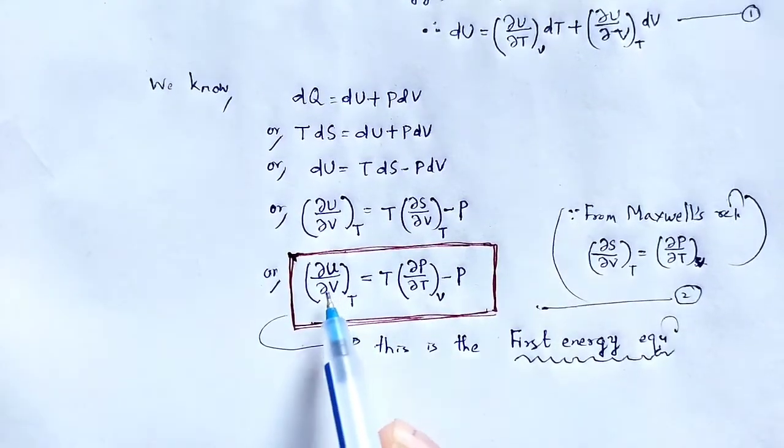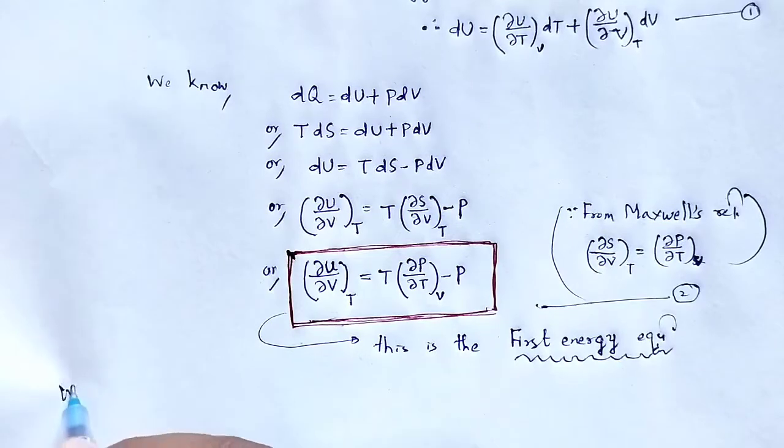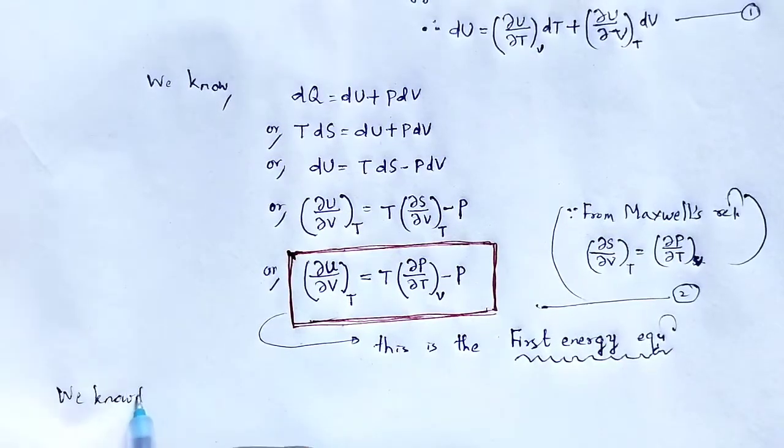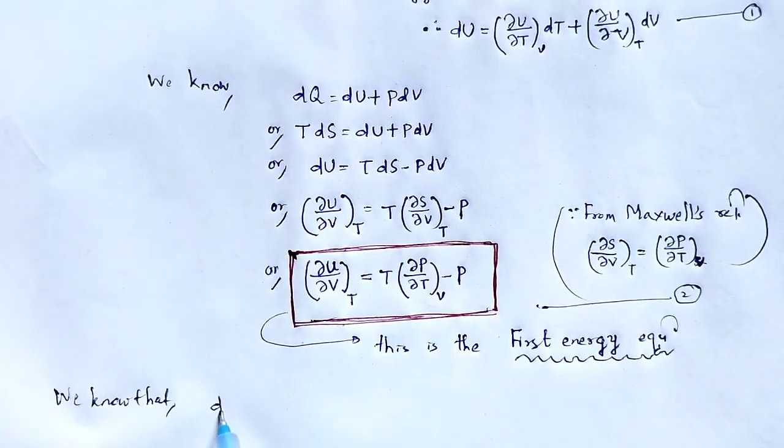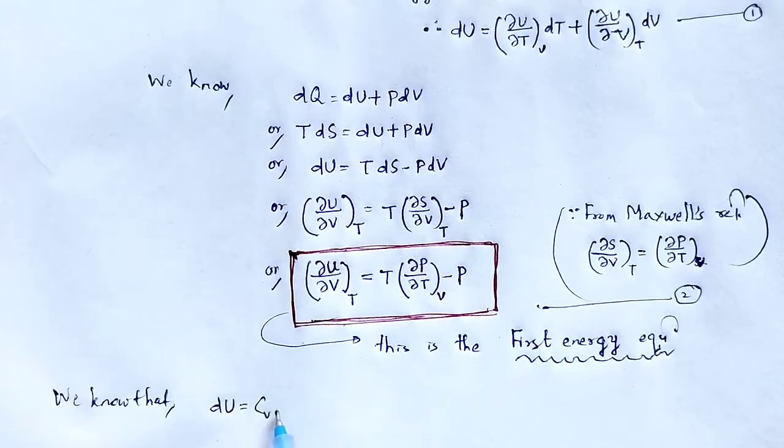Again, we know that (∂U/∂T) at constant volume is Cv.